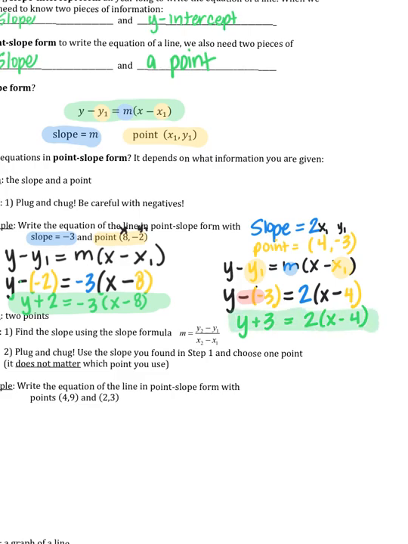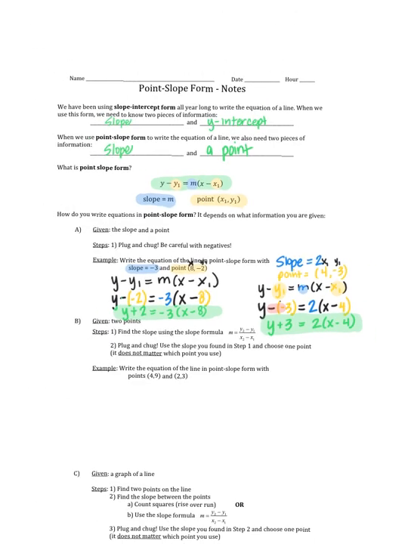And that's your answer. When you're asked to write it in point slope form, that is point slope form. You don't need to do anything else.